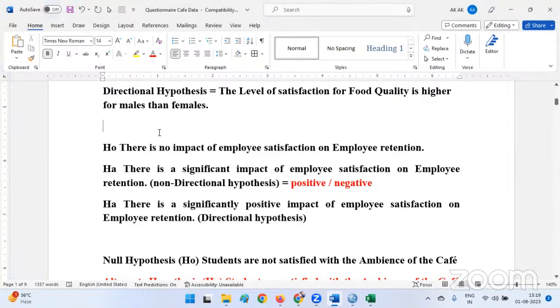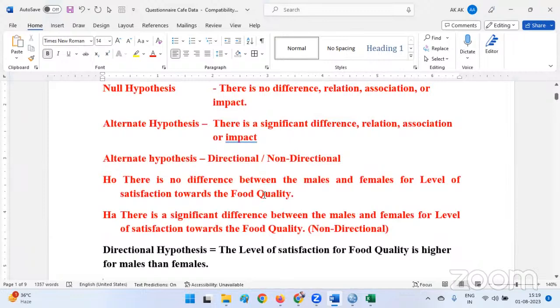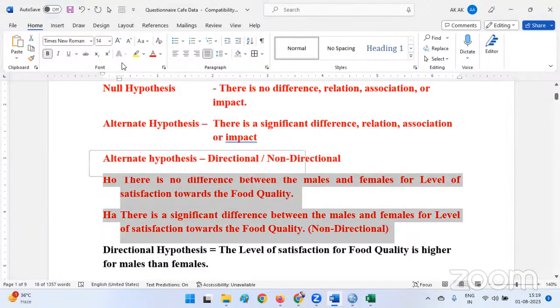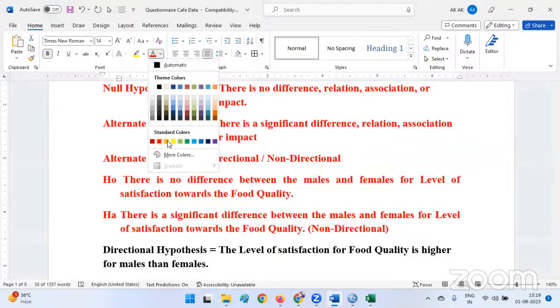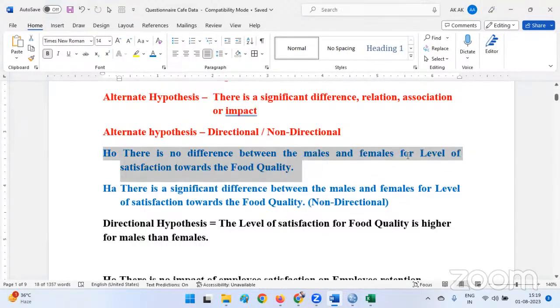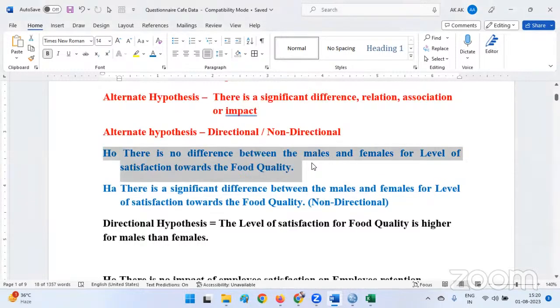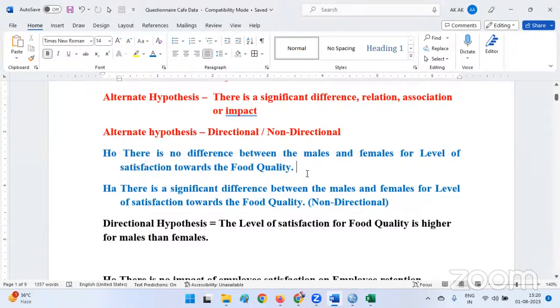Now, having done this, if I go to the first set of hypotheses, keeping aside the directional and non-directional phenomena, if I want to apply a statistical technique to compare these two groups, whenever we compare two groups, we have a typical statistical technique called the independent sample t-test.